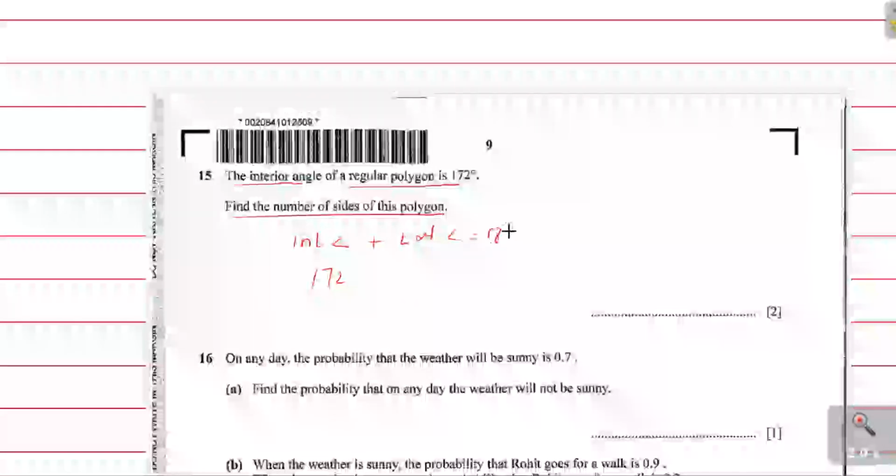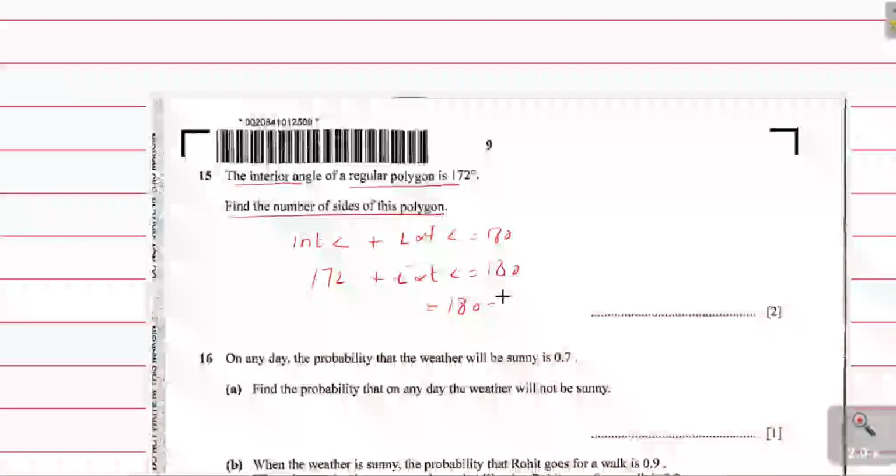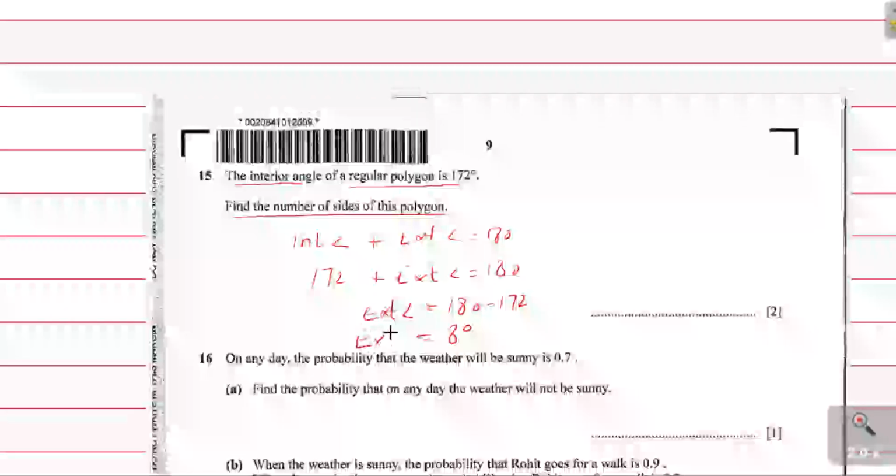Now we move to the next question of this paper. Question 15. The interior angle of a regular polygon is 172. Find the number of sides of this polygon. Look here, the interior angle here is 172 and the sum of interior and exterior angle is equal to 180. Therefore, the exterior angle will be equal to 180 minus 172, and the exterior angle value will be 8 degrees.